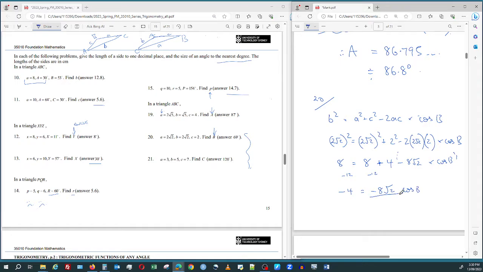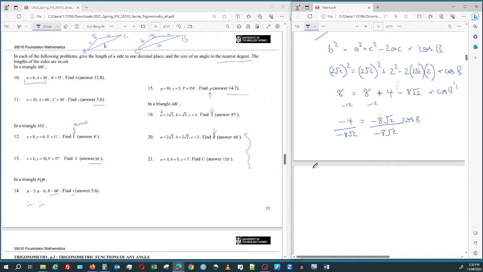So we can divide now by minus 8 root 2 both sides. So cos B, they'll cancel. So cos B is equal to 4 over 8. Now that'll cancel, and we'll go into that twice.